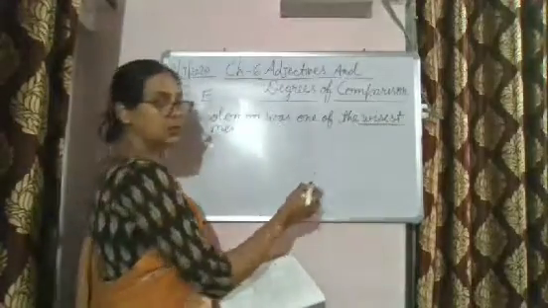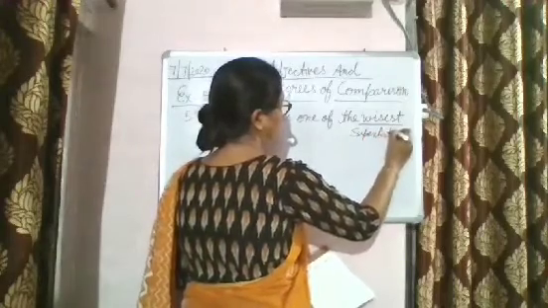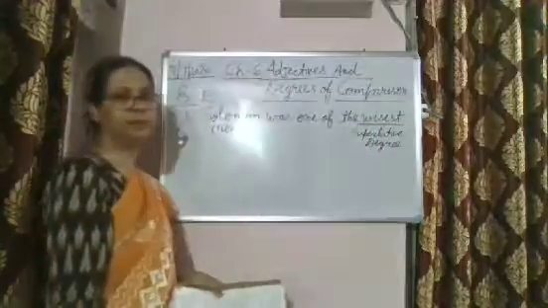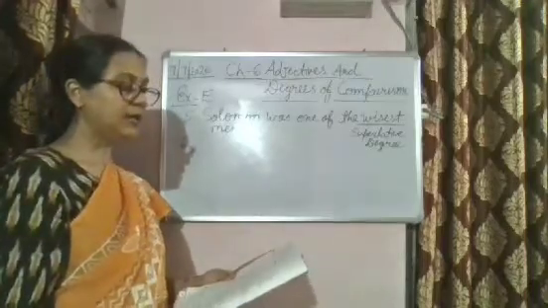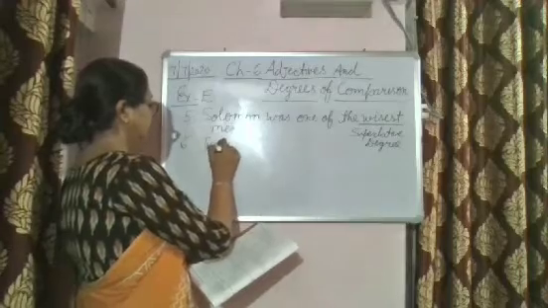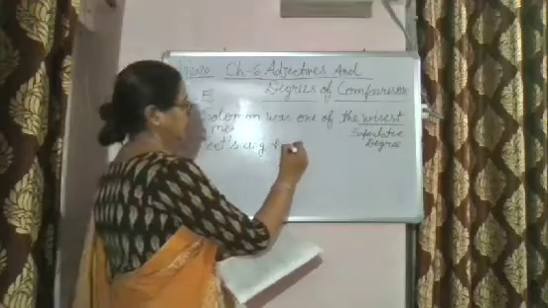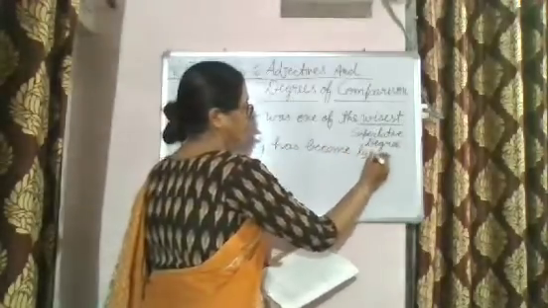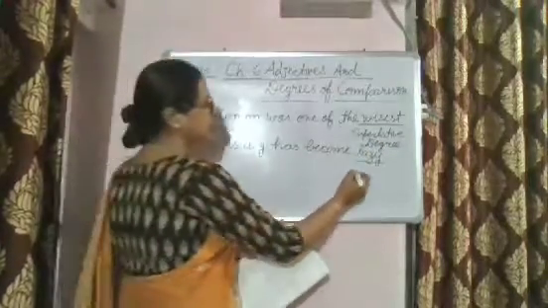This is superlative degree. Sixth is Jean's dog has become lazy. Now here, lazy is the adjective and it is positive degree.